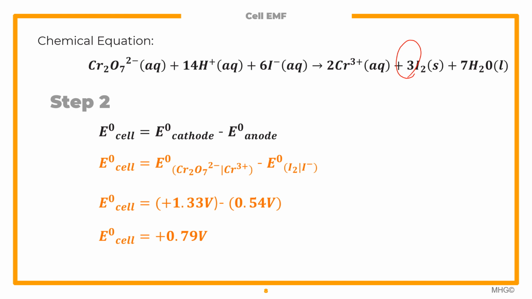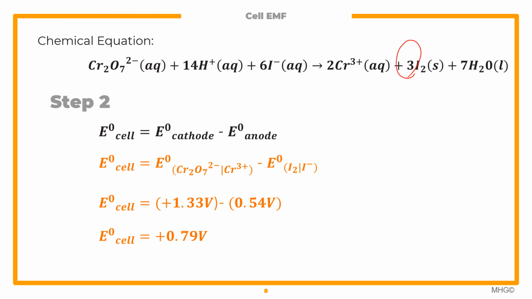As we have noted in earlier discussions, the standard reduction potential is an intensive property, and so it is independent of the stoichiometric coefficient. Whether it reaches 30, 10, or however large your stoichiometric coefficient is, it will not affect the EMF value of the half reaction.